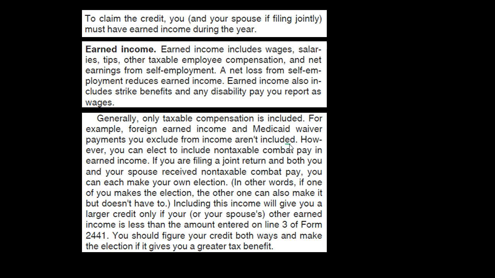But if it doesn't count for taxes to the U.S., then usually it's not going to be included on the credit. So if something's for tax purposes, we don't want to include it usually in gross income if we don't have to, because then we have to pay taxes on it. But for this credit, of course, if it's not included in gross income, then it doesn't count for earned income with regard to the credit.